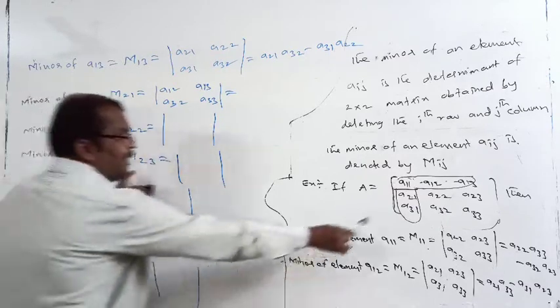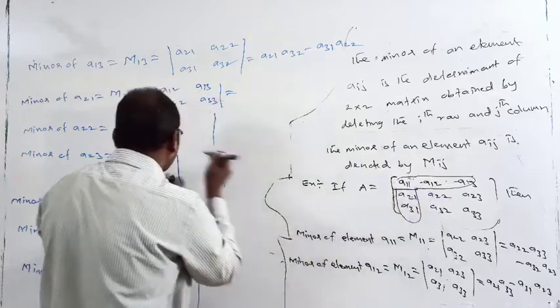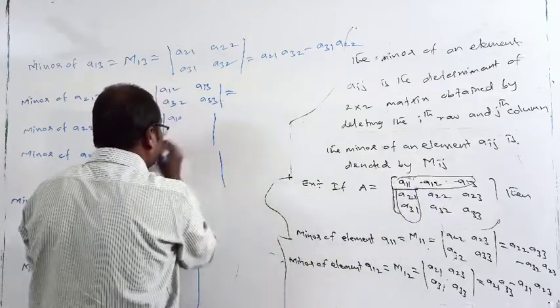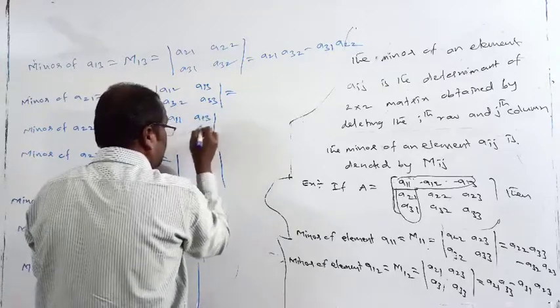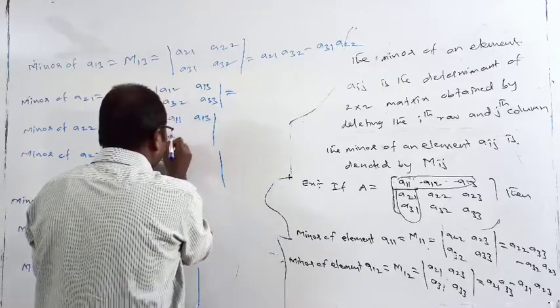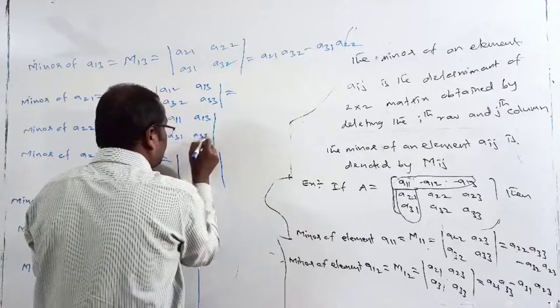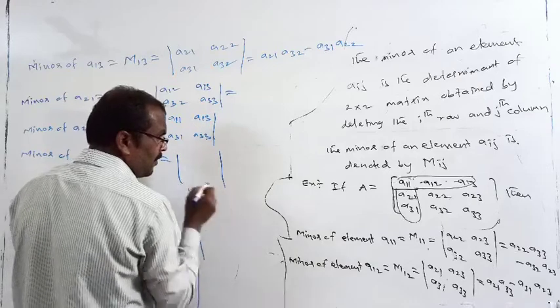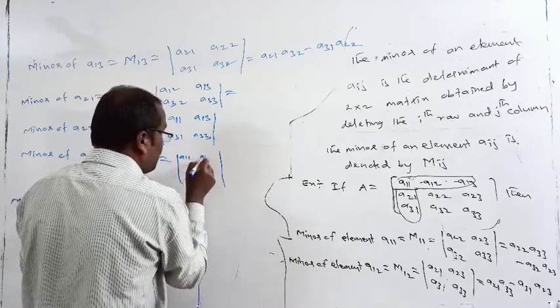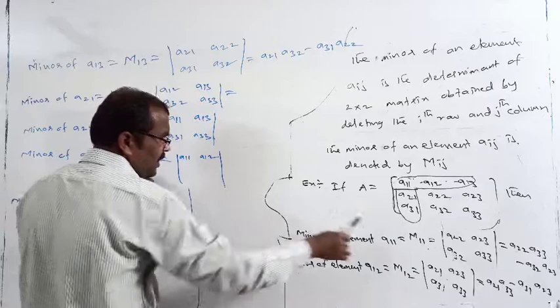M22 means here we have A22, so A11, A13. Next A31, A33. Next 2, 3. A11, A12, here A23.